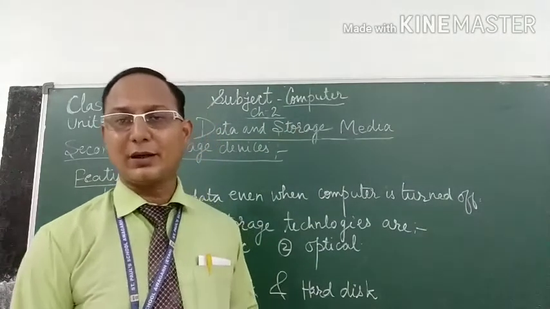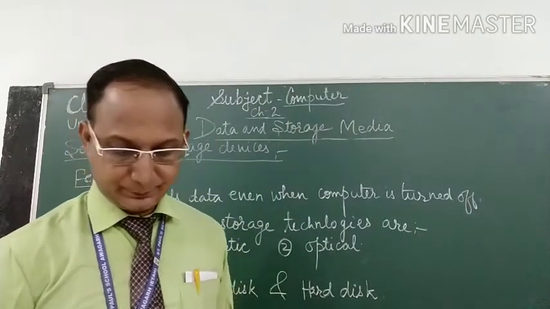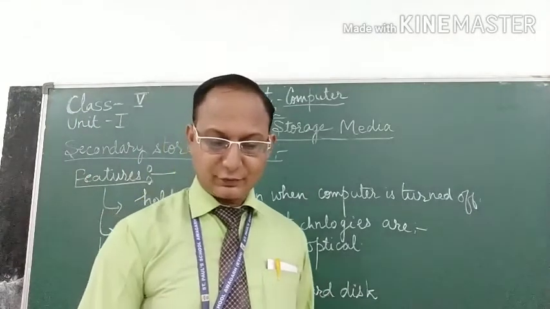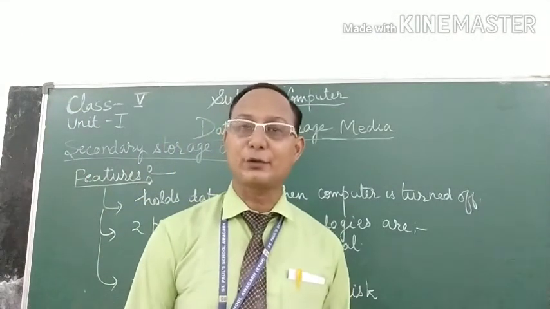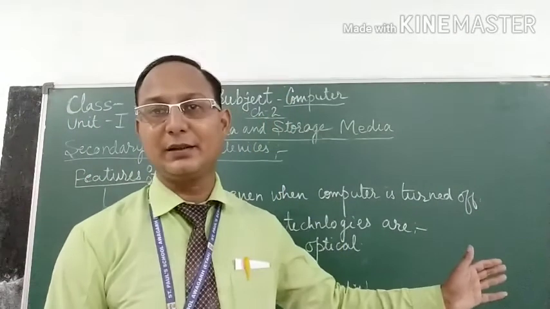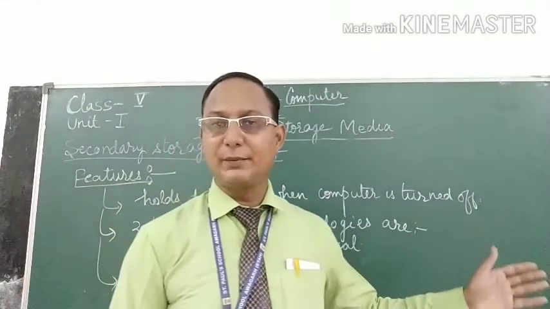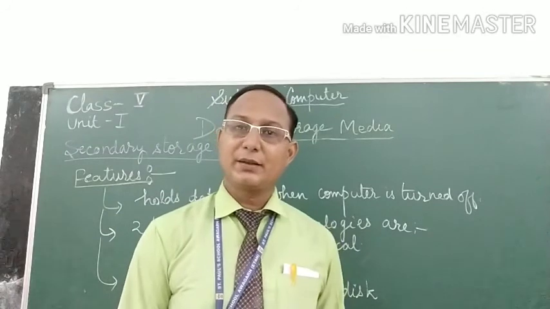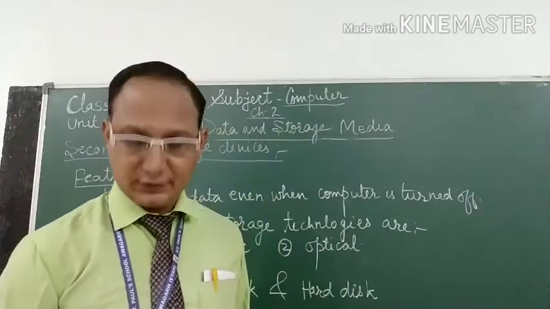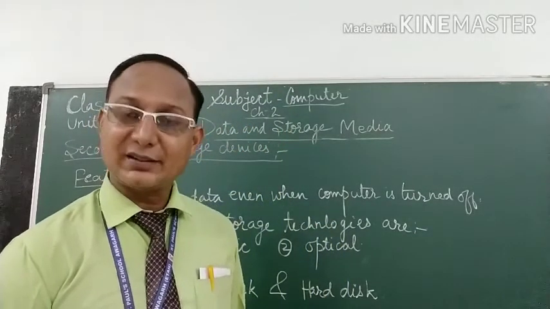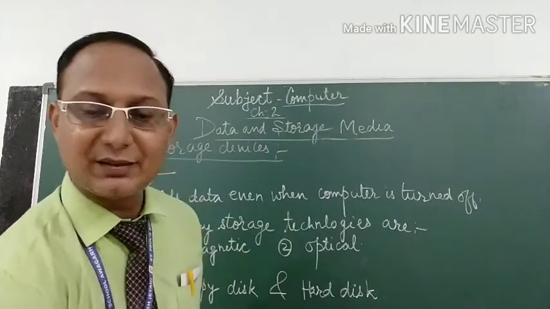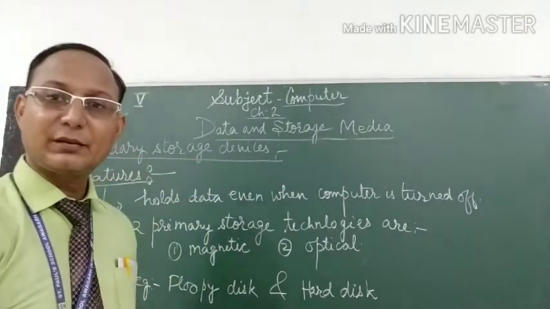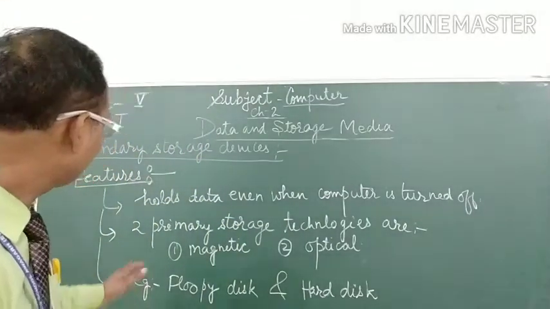We can store any type of data permanently. A secondary storage device is also known as auxiliary storage or external storage. Now let's see some features of this type of storage.